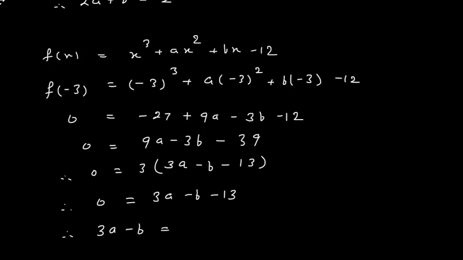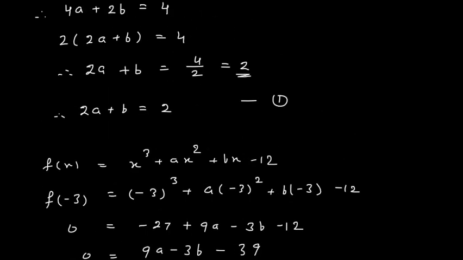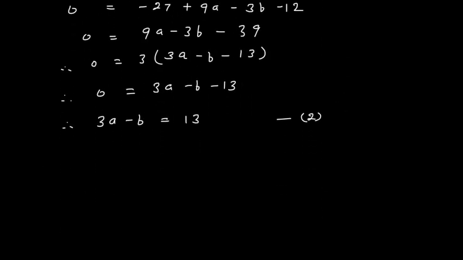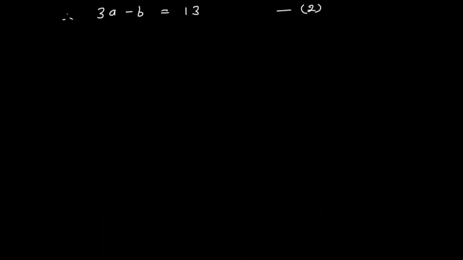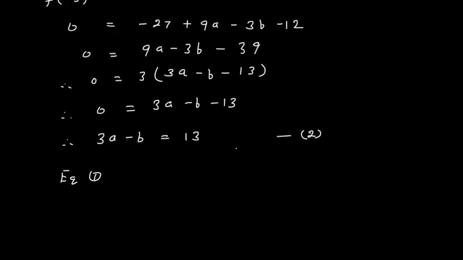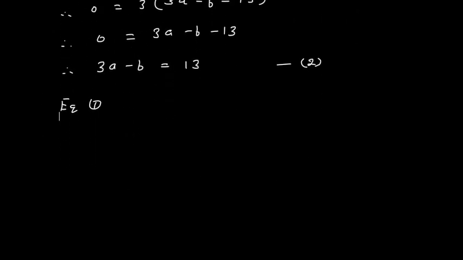So what is your equation 1? Equation 1 is 2a plus b is equal to 2, and equation 2 we get 3a minus b is equal to 13.